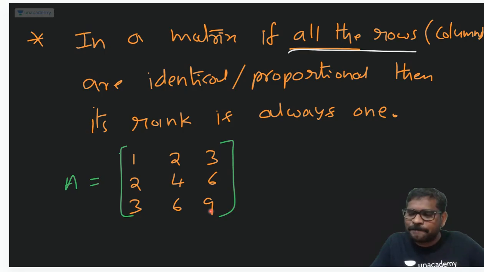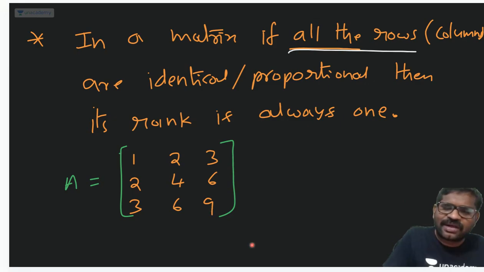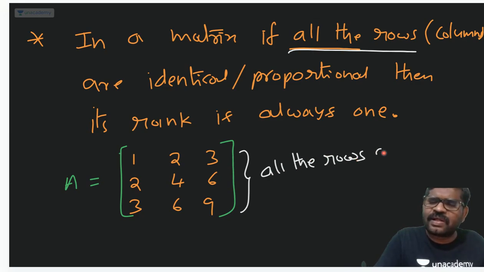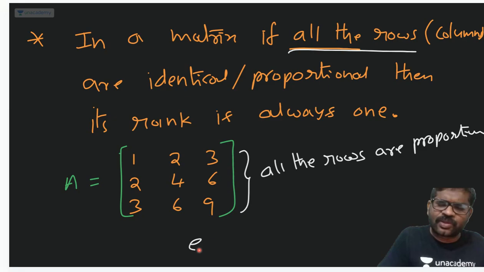They are proportional. If the first row is alpha, the second row is 2 alpha, the third row is 3 alpha. So whenever all the 3 rows are proportional, rank of A is 1.